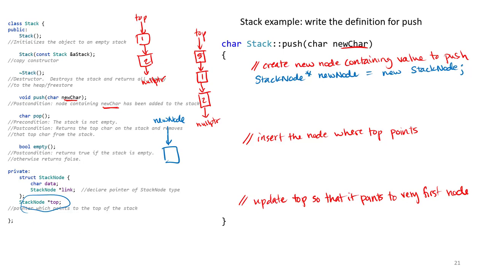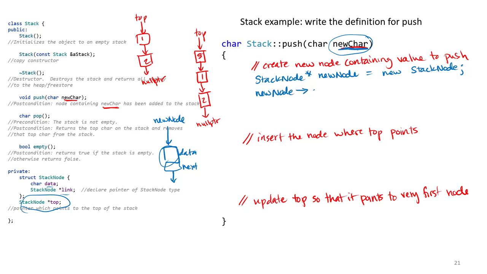My next step is I need to update the data inside my stack node to contain the value I want to attach. I want my new node to contain the value new char in the data. So how would I update the data value where new node points? To update that data value, I need to use the arrow operator.